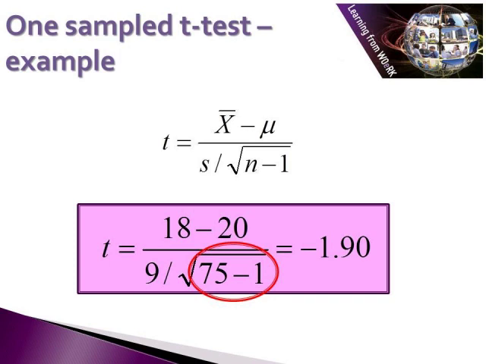Below 100, the shapes of the t-distribution are given in statistical tables according to the sample size minus 1. The value of this is what we call the degrees of freedom. Here this equals 74. So having plugged everything in, we get degrees of freedom of 74, so 75 minus 1, and we get a t-value of minus 1.9.